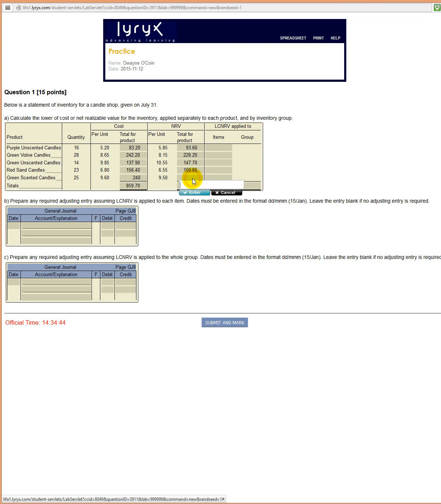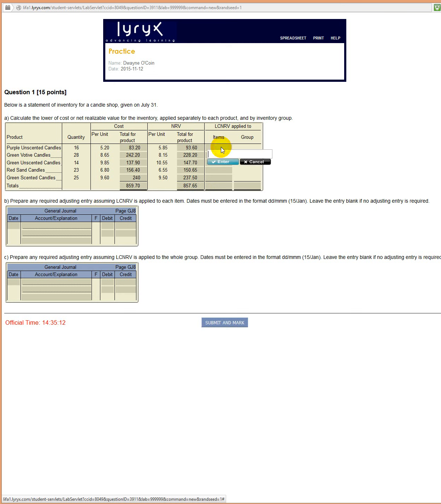So we're just multiplying the numbers up. 25 times 9.5. And then let's add them up again. 228.2 plus, so 857.65. Okay, so now we need the lower of those two.